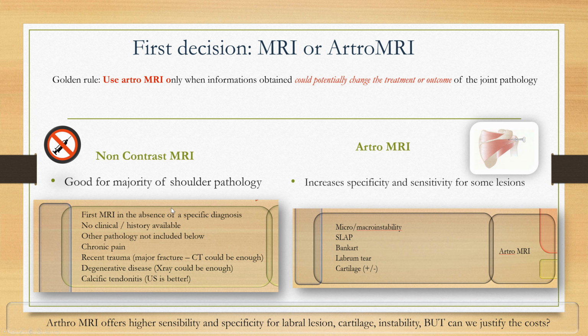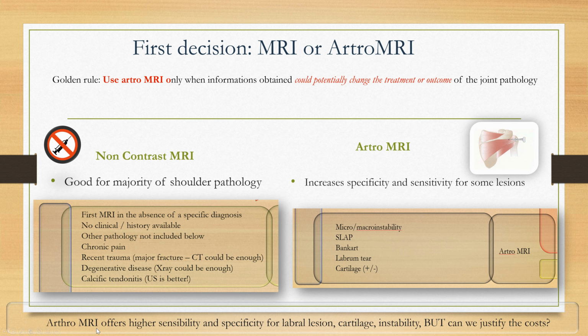So, when to use arthro MRI? My opinion, only when information obtained could potentially change the treatment or outcome of the joint pathology. Why is that? Because non-contrast MRI answers almost all major questions about the shoulder, and arthro MRI increases specificity and sensitivity for some lesions.